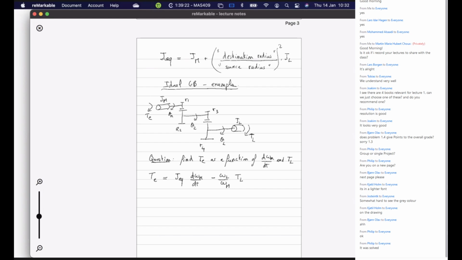And what is omega L divided by omega M? And GX, we can find it easily. If we look at the motor side, it's GM plus, if we look at GM, we have a destination, which is R1.